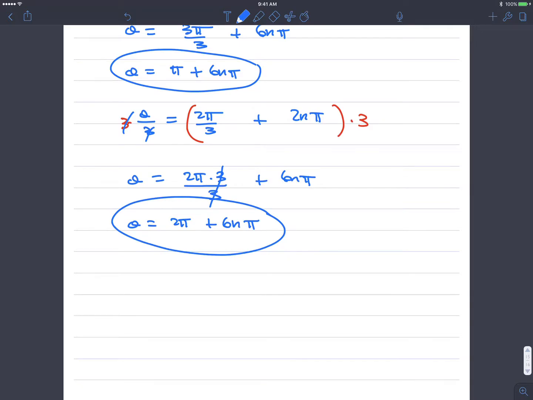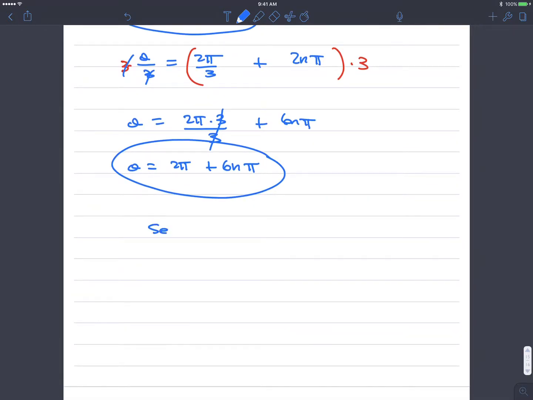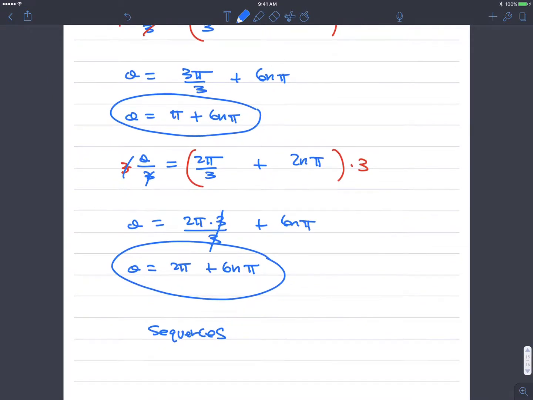Okay, now you said, well, what about the sequences? Well, do some more algebra. What do you factor out? What factors out of this equation? That's pi times 1 plus 6n. Is that true? N's an integer.